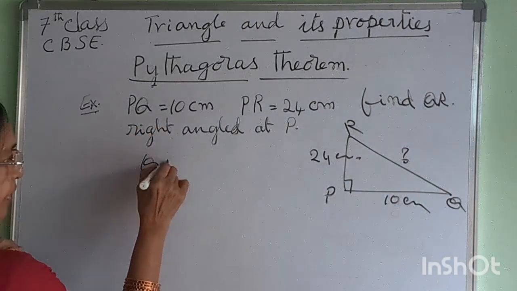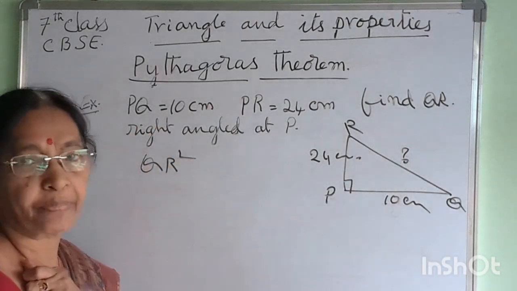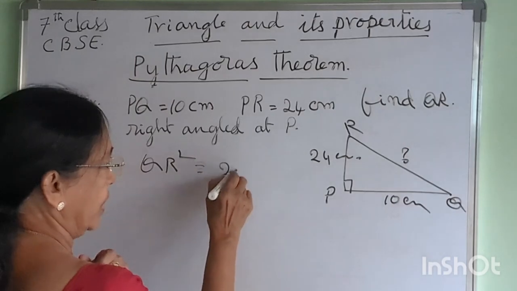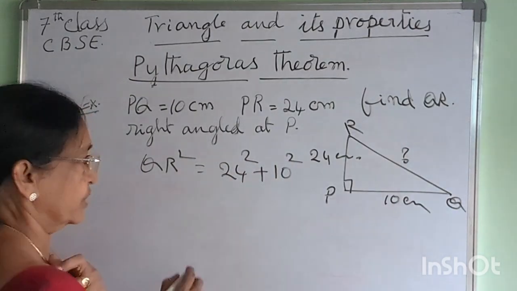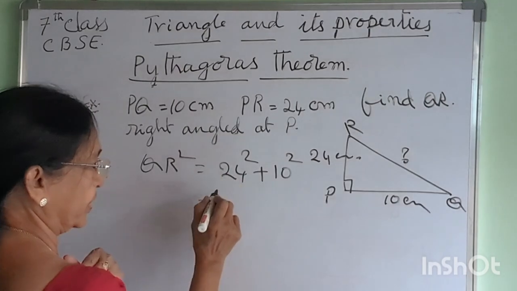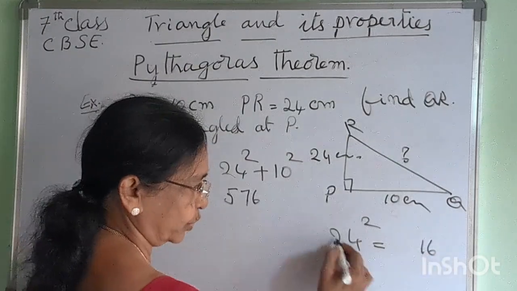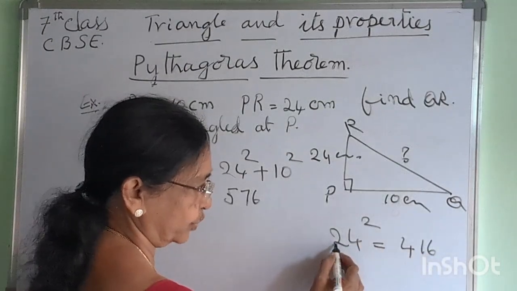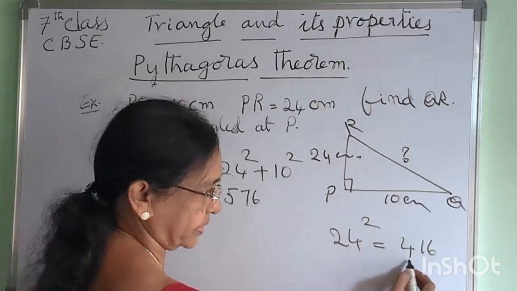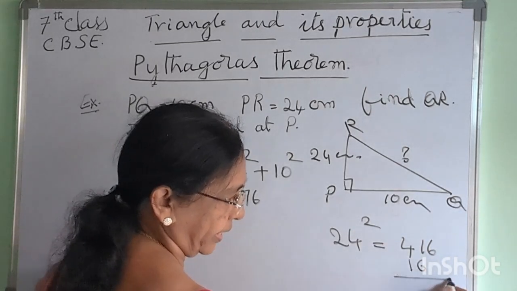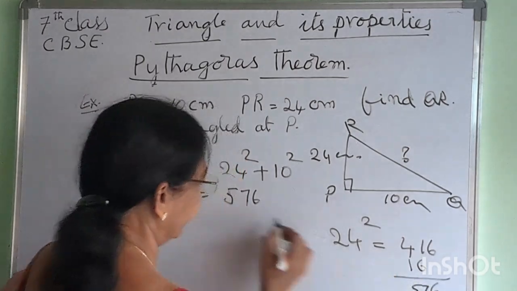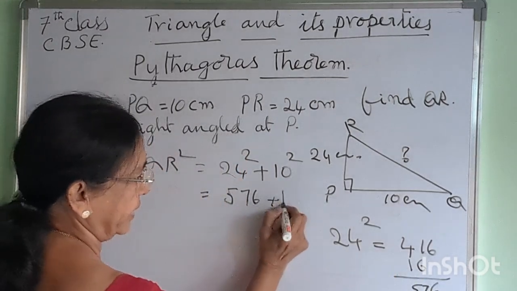So, according to Pythagoras theorem, the hypotenuse square is equal to the sum of the squares of the other two sides. So this is equal to 24 square, which is 576, plus 100.